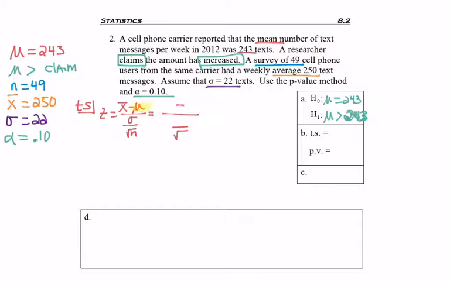I'm using the z-score formula, x bar minus mu divided by sigma divided by the square root of n, because we're testing a claim about a mean, and we have a known standard deviation.